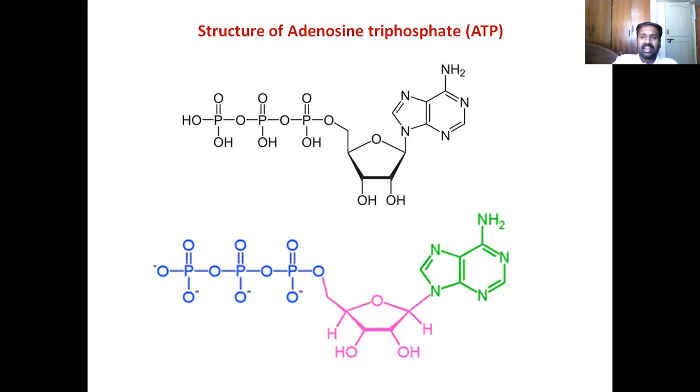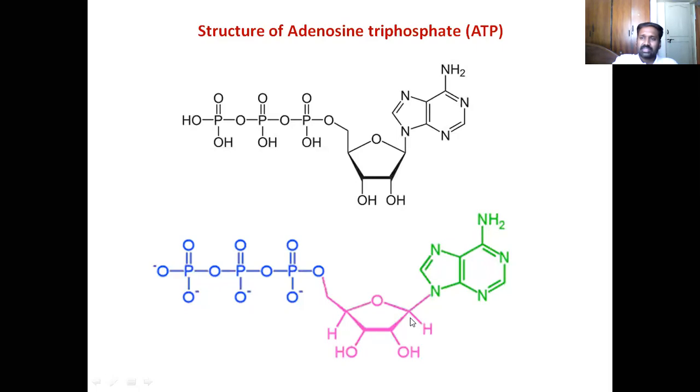It is adenine. Hope you remember the 5 nitrogenous bases: adenine, guanine, cytosine, thymine, uracil. This is adenine. A bond is formed between C1 and nitrogen of adenine. Please remember this.